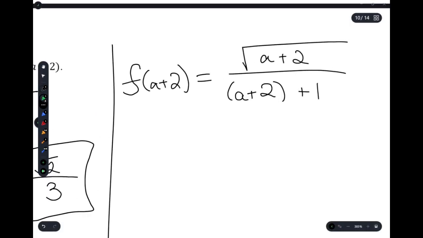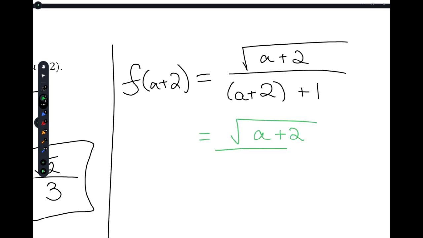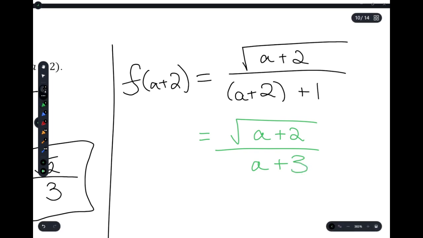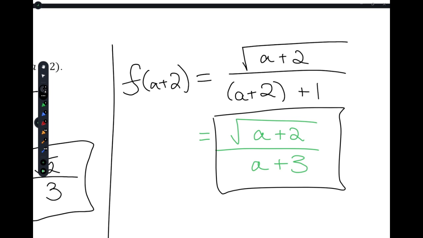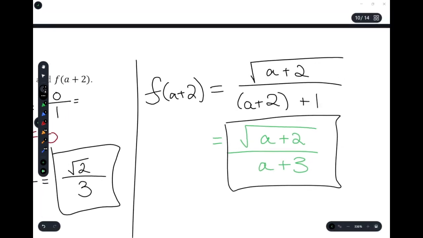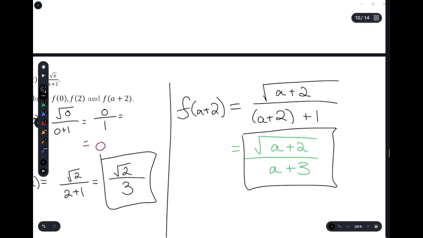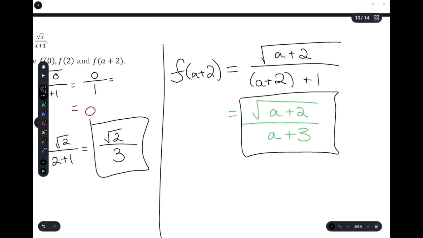Does anything combine here? You can't do anything with that. There's nothing to be done. Don't try, unless there's a magical A plus 3 that you can pull out to cancel. That's it. You're done, right?